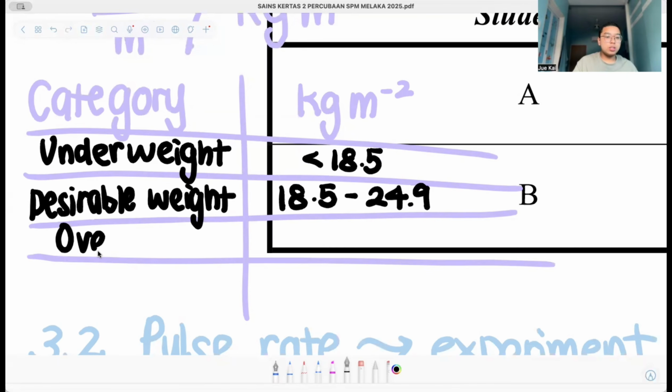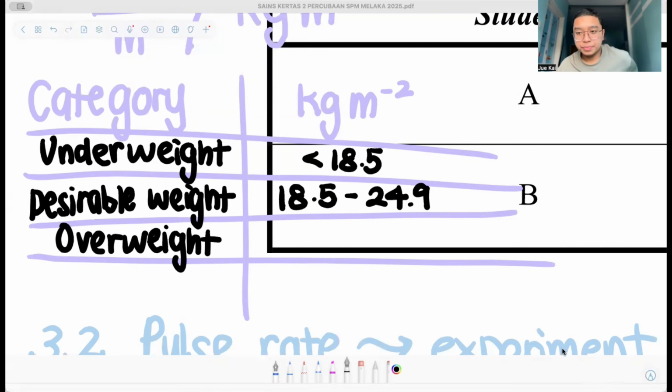Okay, right now, the situation is overweight. So what will happen with the BMI number? When overweight, what is the BMI? Good job, Qixuan. 25 to 29.9.